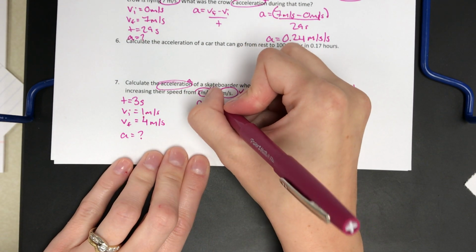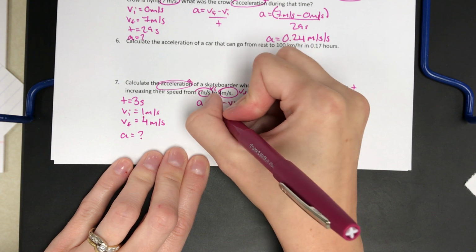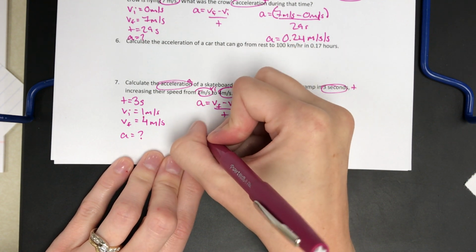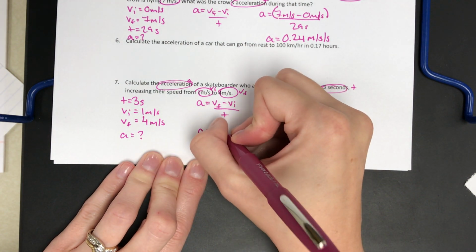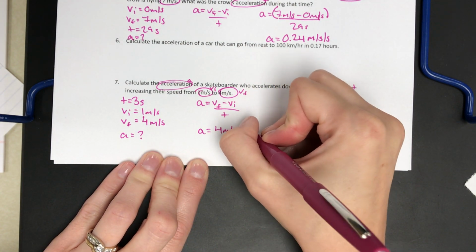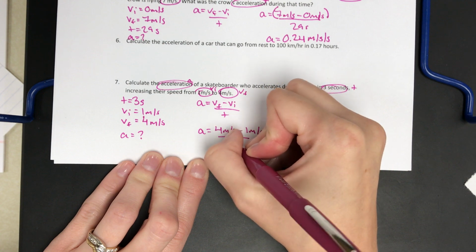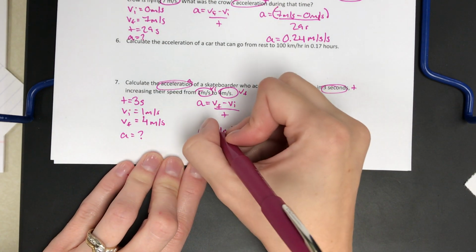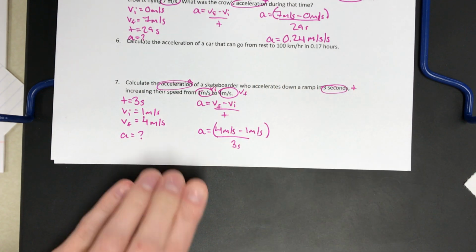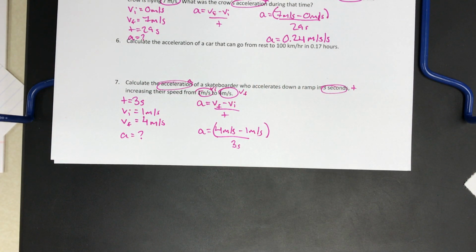Acceleration is equal to final velocity minus initial velocity all over time. Then plug those givens into that equation. So it's going to be 4 meters per second minus 1 meter per second all over 3 seconds. Again, when you plug it in, make sure you put parentheses around everything on the top. You need to do the 4 minus 1 first, then divide it by 3.